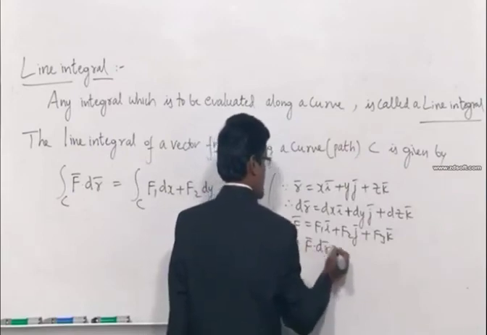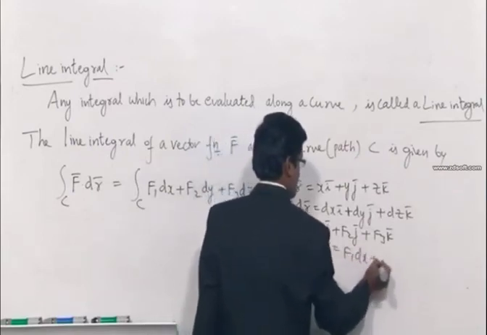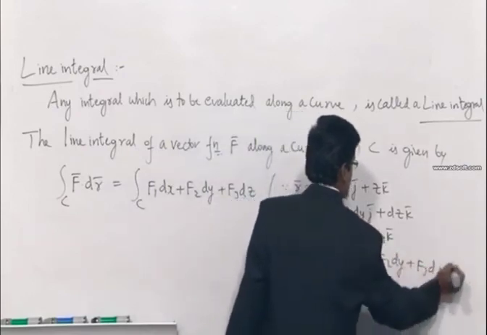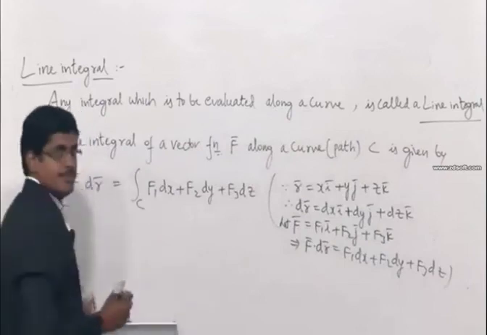This implies f bar dot dr bar equals f1 dx plus f2 dy plus f3 dz.